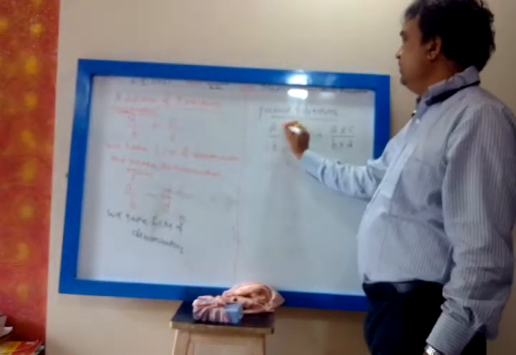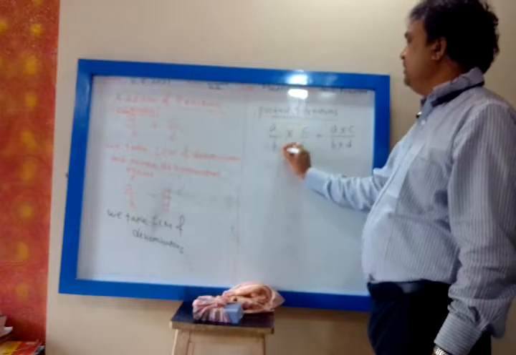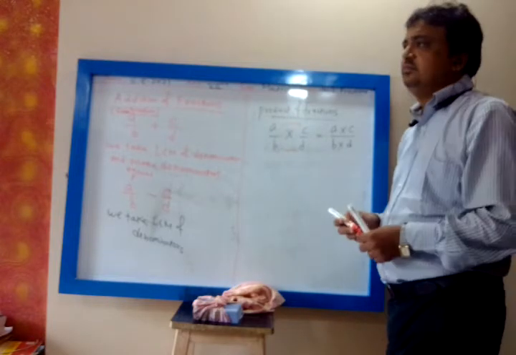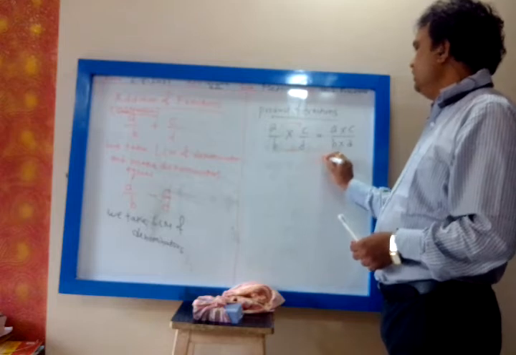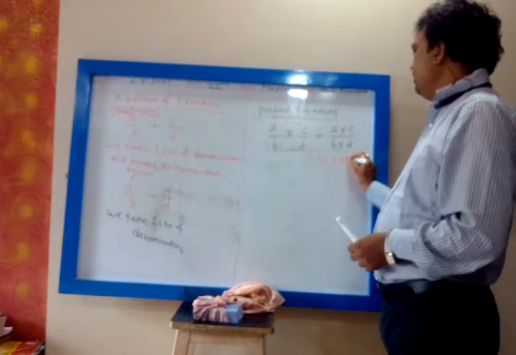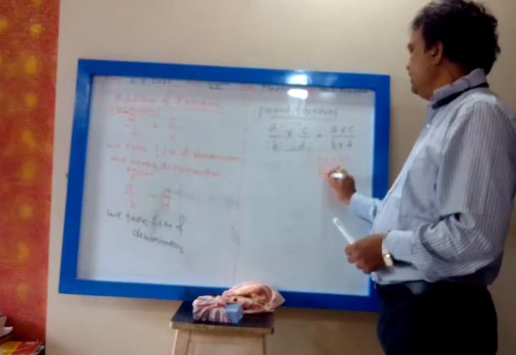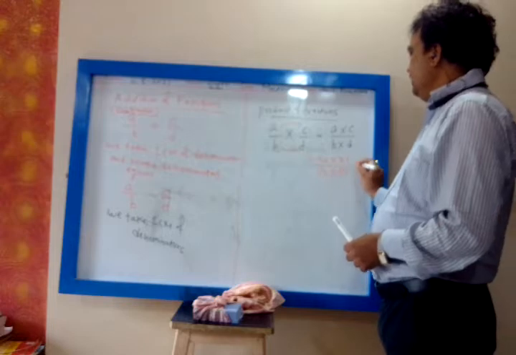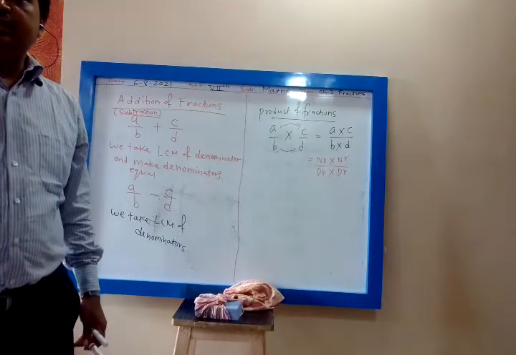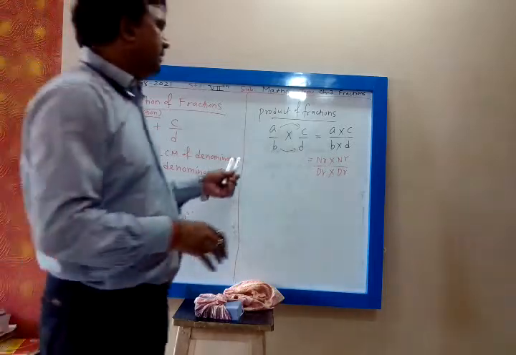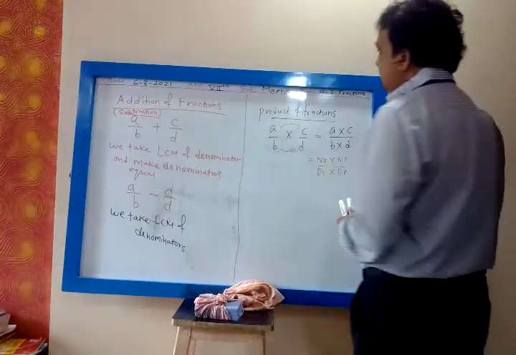Multiply numerator to numerator, multiply denominator to denominator, that is numerator into numerator upon denominator into denominator. This is same as multiplication of rational numbers.